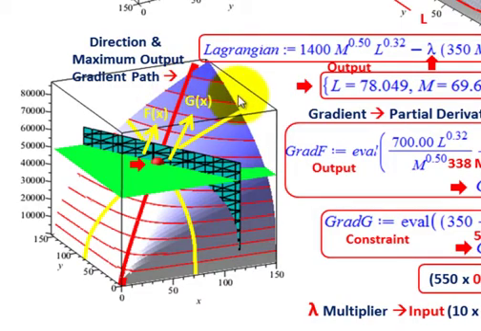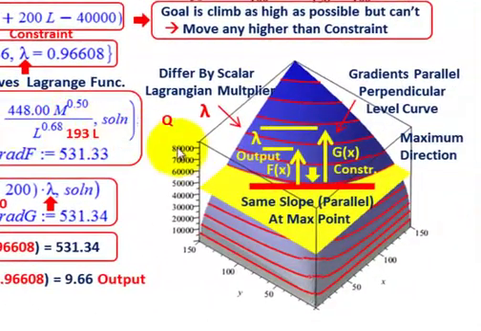Let's go back over here one more time. Remember we talked about f of x and g of x. We were sitting at f of x, which was 531. Maybe I got these things a bit mixed up, but in the Lagrangian I probably should have had f of x and g of x switched around.